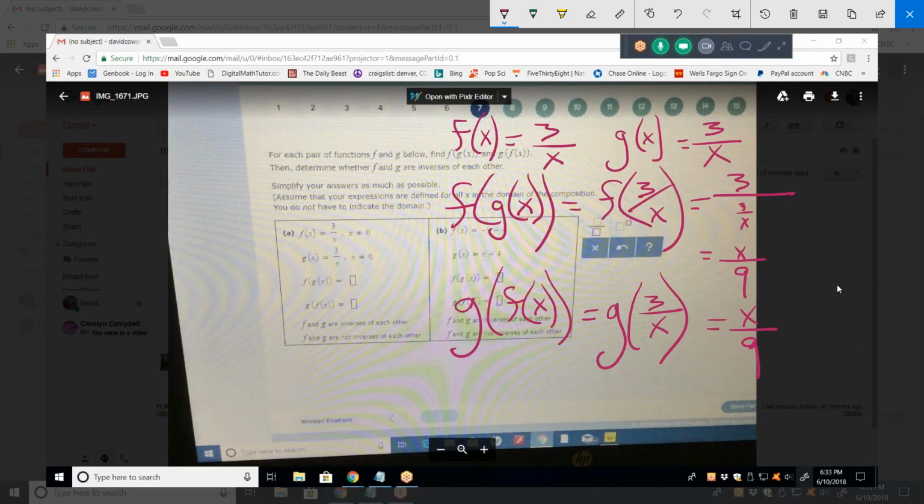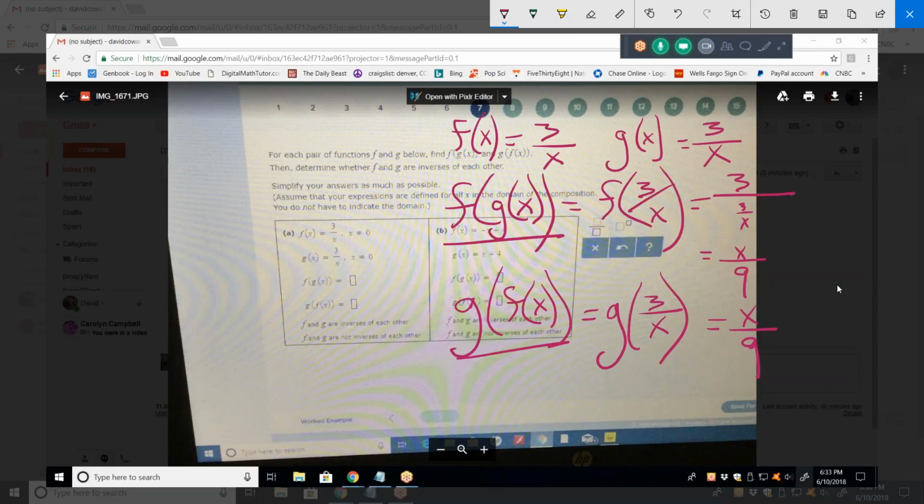I forgot how to do the inverse of these. When you take f of g or g of f, it has to come out to be x. If it comes out to be x, it's an inverse. This does not. This comes out to be x over 9. So these two functions are not inverses of one another. For it to be an inverse, this would have to be x, and that would have to equal x. That's the definition of inverse.